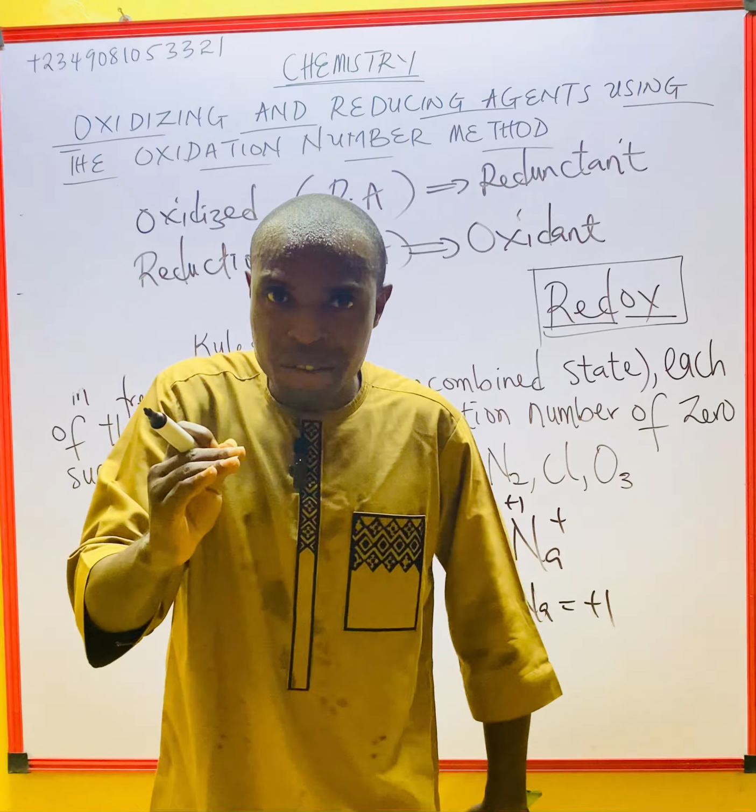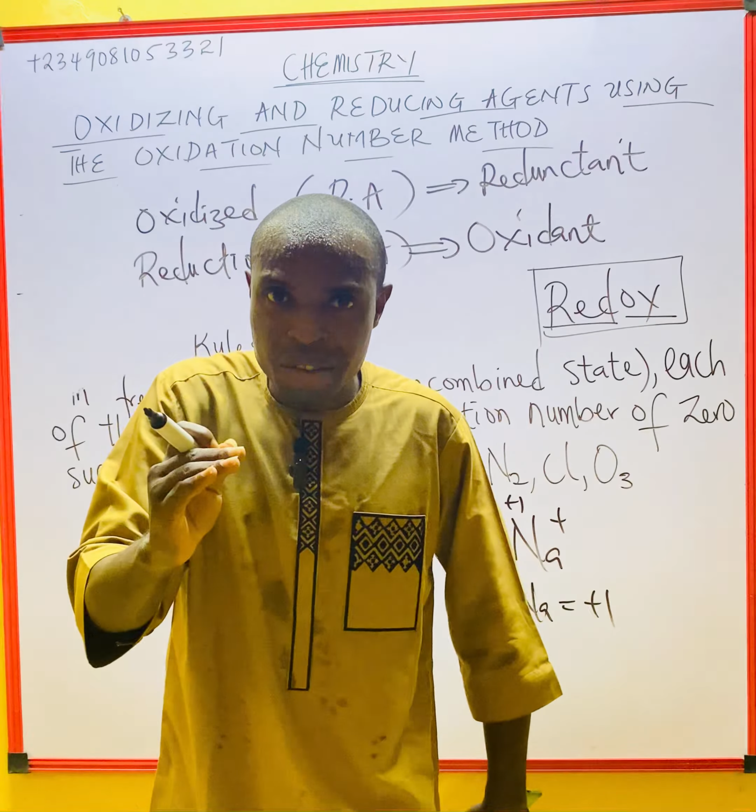Now, look at it. From 0 for zinc to plus 2, and from plus 2 of copper to 0. From 0 to plus 2, there is an increase in oxidation number, meaning zinc is undergoing oxidation.